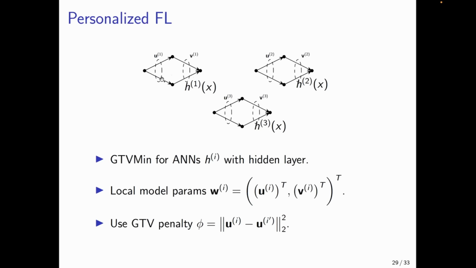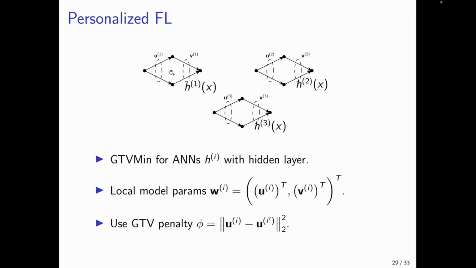I have shown here local models being an artificial neural network, and we only use the parameters from the input layer, for example, the weights between input neurons and hidden layer neurons. Only those model parameters we use for constructing the total variation term. We do not use at all the parameters of the output layer.